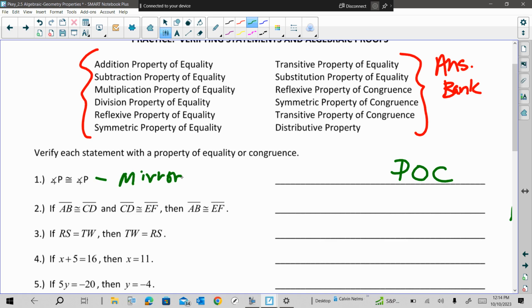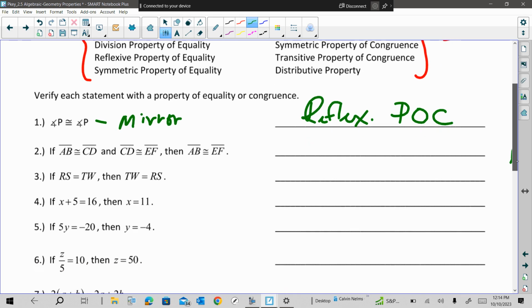Nothing has changed. So what property is like a mirror? Yeah, so you can abbreviate, guys. So look at your symbol first to determine POE versus POC, and then read the statement.